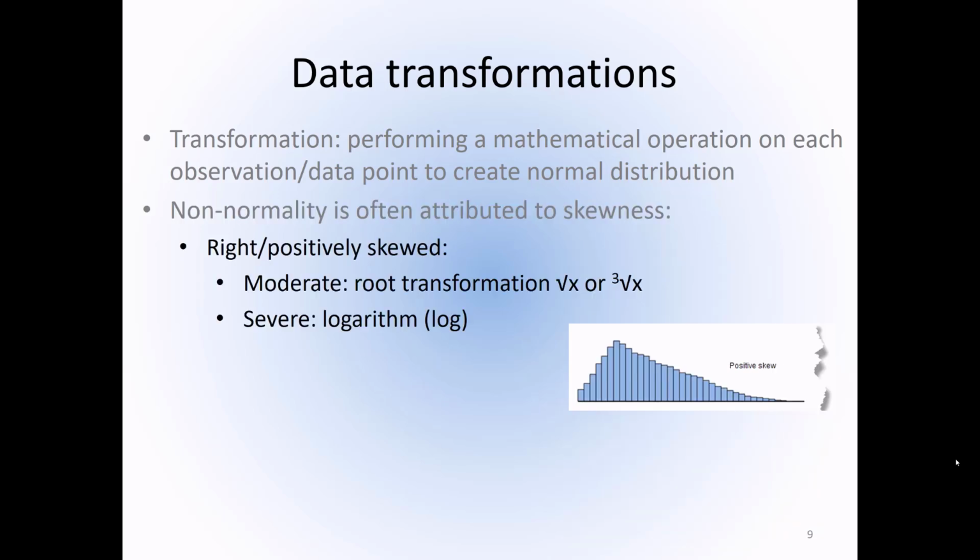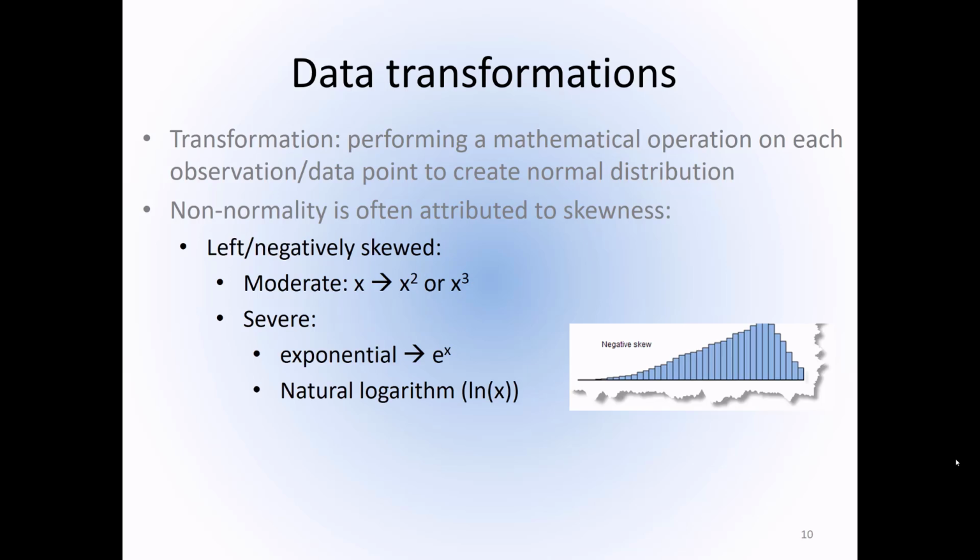Now, if we've got positively skewed data in which the tail extends out to the right, if it's only a moderate amount of skewness, well then we can use a root transformation, like the square root or the cube root of our respective data, in which to then recheck our assumption of normality. But if it's severely skewed to the right, then we may want to use a logarithm.